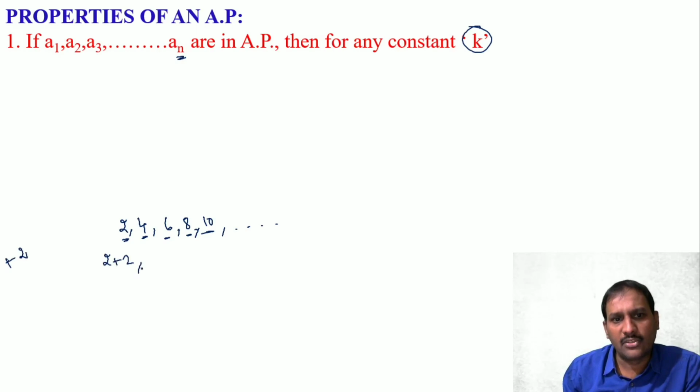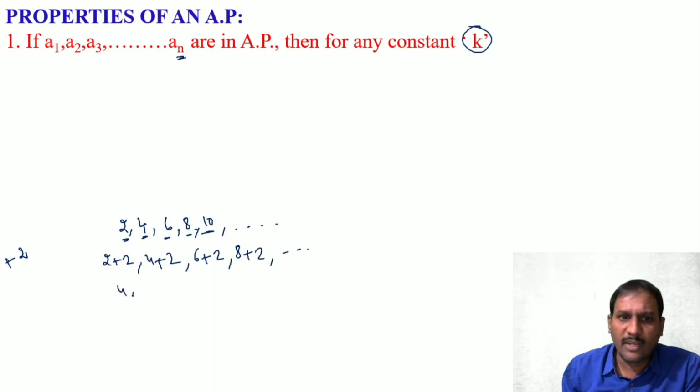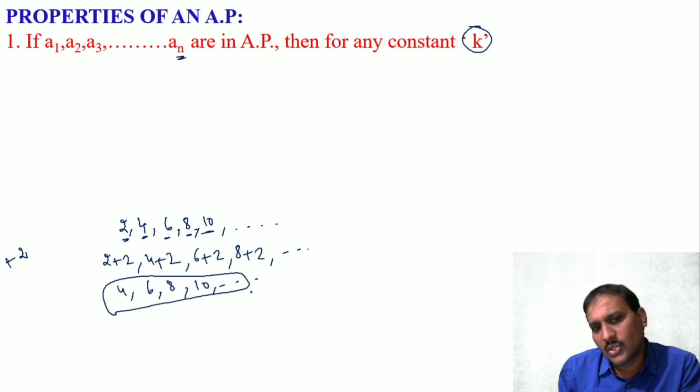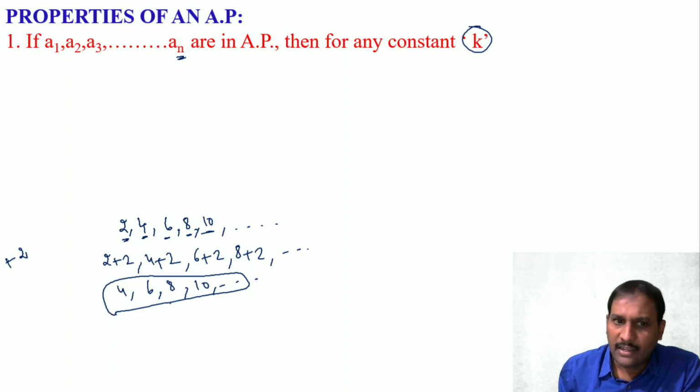That is 2 plus 2, 4 plus 2, 6 plus 2 and 8 plus 2, etc. So this will become 4, 6, 8, 10. If you observe, the resulting sequence is also in an AP.